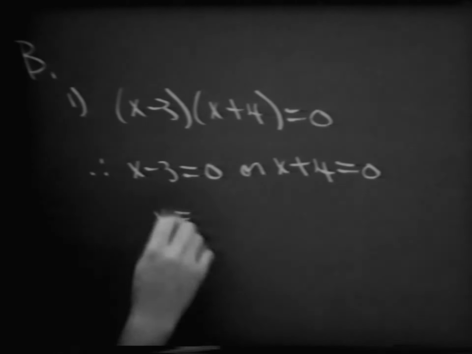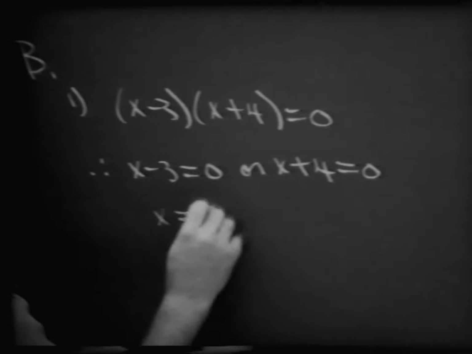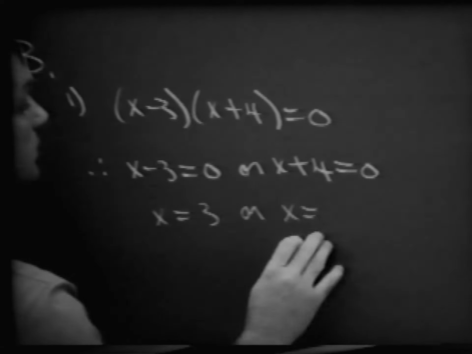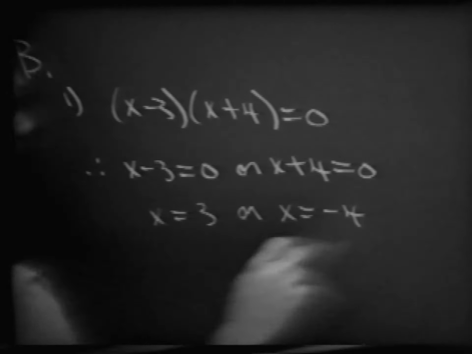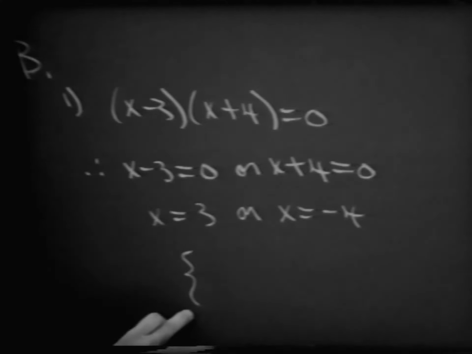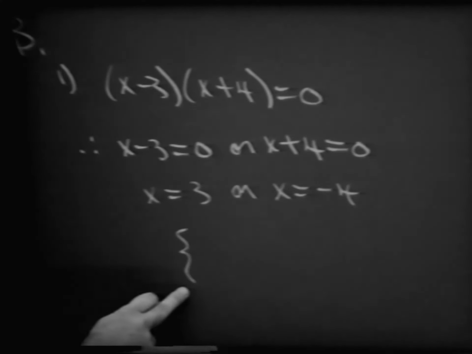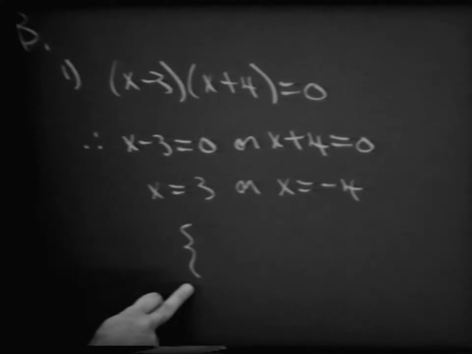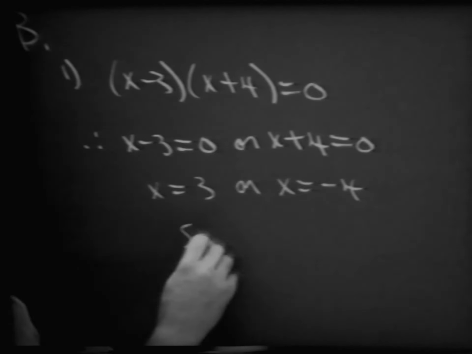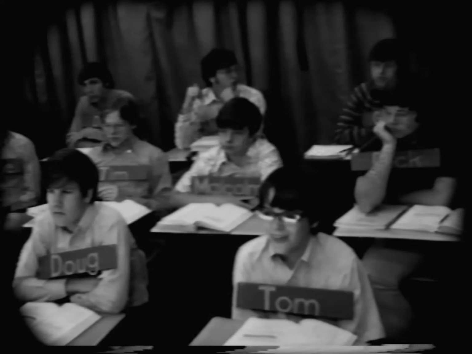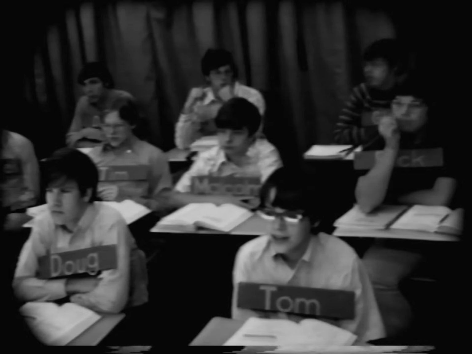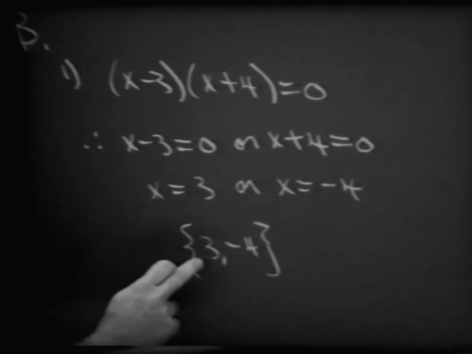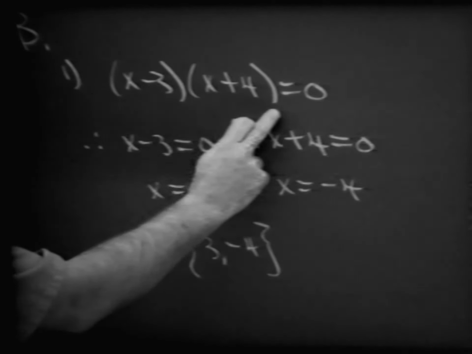Therefore, x is equal to 3, or x is equal to negative 4. And now if we were to write our solution set, what elements would be in it? 3, negative 4, and notice that we have the two elements in our solution set, because both of these numbers will make this sentence true.